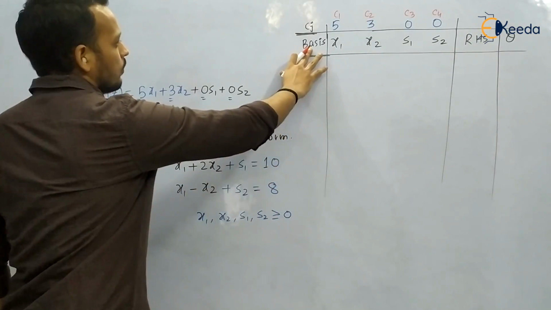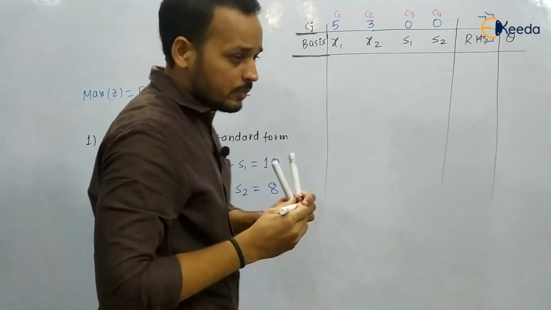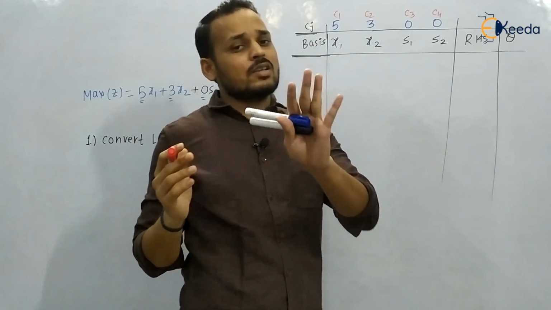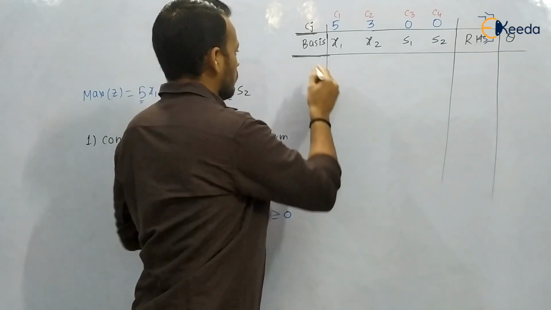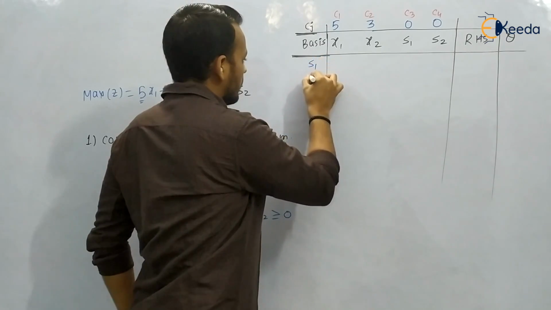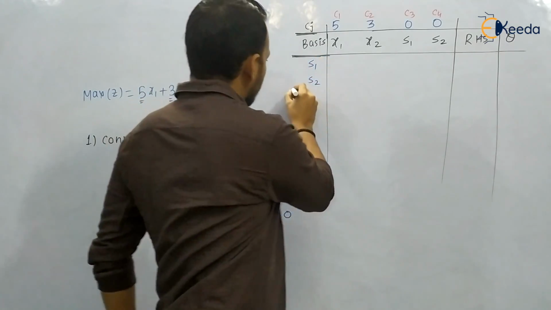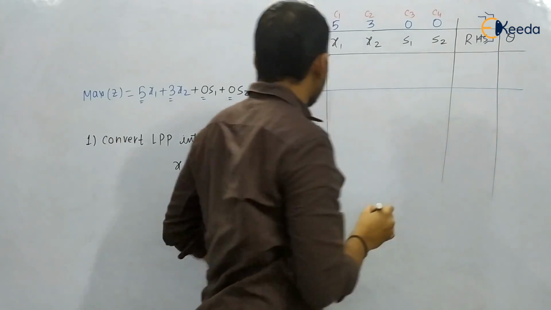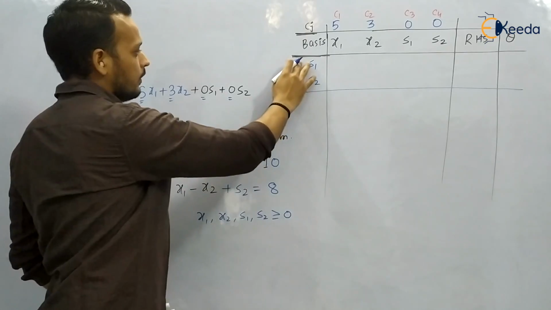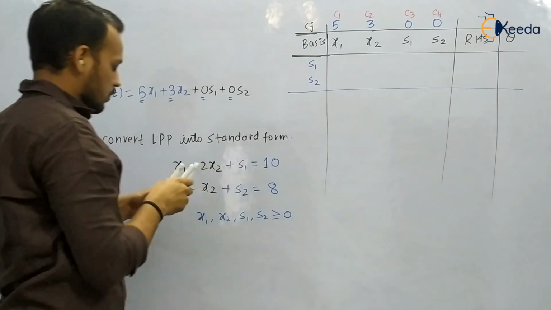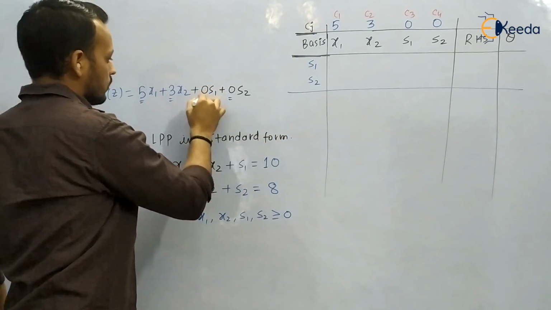Now we have to write the basis. Always start your simplex table with the slack variables, so we write s1 and s2 here. Once written, they behave as the basic variables. We write the coefficients of the slack variables from the objective function, which are 0, 0.